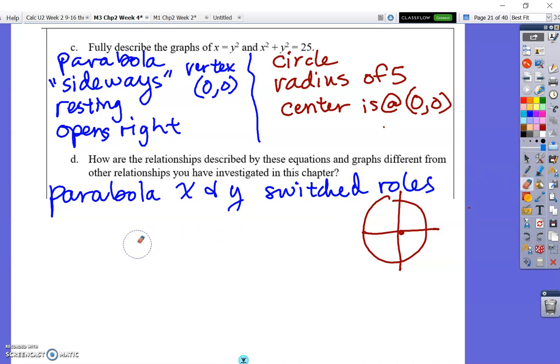But for the circle, things are very different. The circle, you have this center point, which doesn't really show up in the picture, and you've got all of that stuff going on. This is much more tricky, because finding it, you kind of have to already know what's happening.